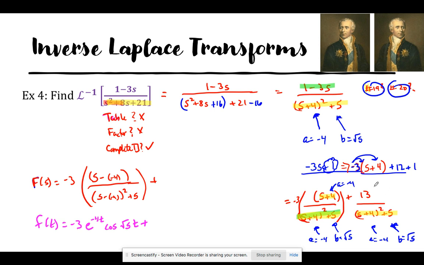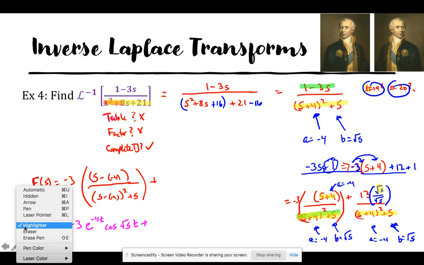Well, see what you want and legally make it happen. I can only multiply that 13 by 1. So look at my clever 1. Math can be so sneaky. How does that help? Do you see? What do I want in that numerator? I only want to keep the √5. I only want that to stay in my numerator. So guess what I'm going to do with the 13 over √5?